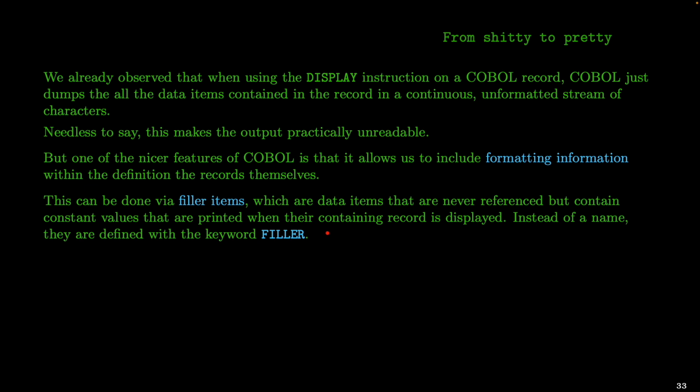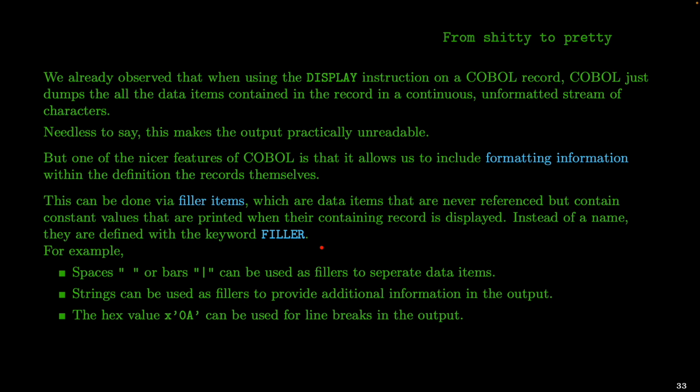So instead of giving them a name, we just use the keyword filler. So for example, ways to use this would be to include spaces or bars to separate data items, or we could use strings as fillers that provide additional information about the data that is being output, or we could use special characters like, for example, hex 0a to get line breaks in the output.